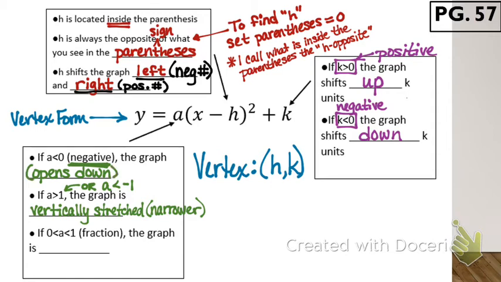When the graph opens down, we say it is reflected over the x-axis.